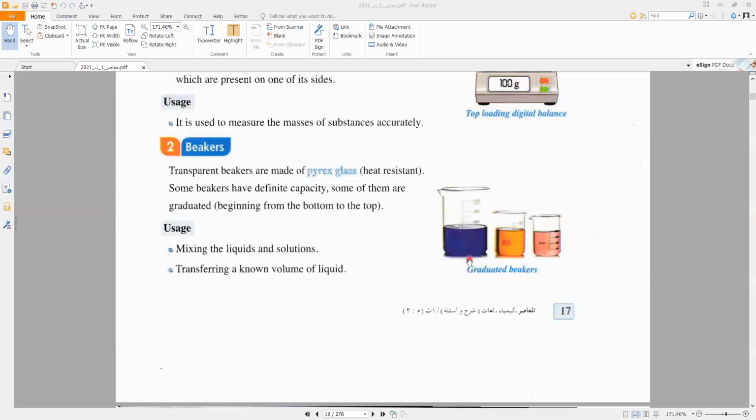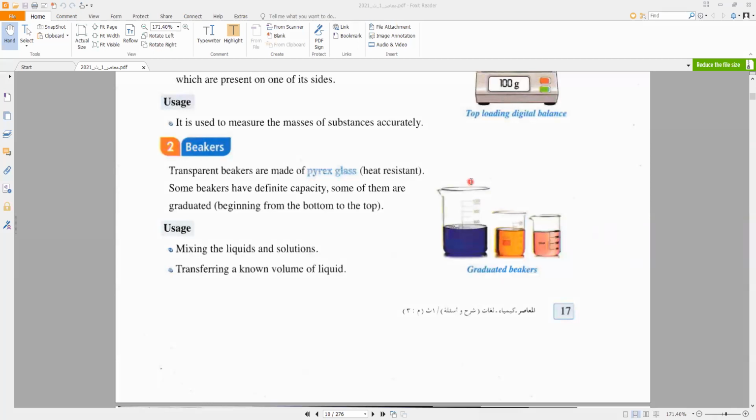So if we boil water or a solution in this tool, it isn't affected by temperature or heat, because it is made of vials, and the property of vials is to resist heat.